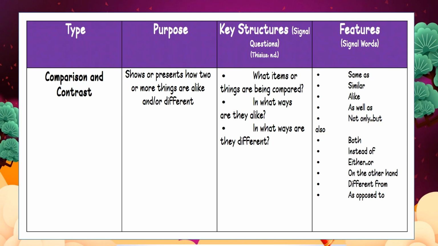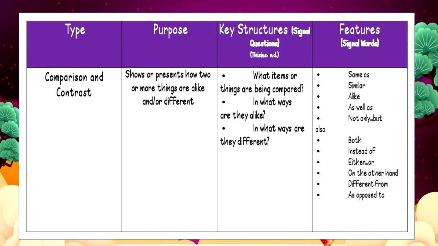The fourth one is the comparison and contrast. Purpose is to show or present how two or more things are alike and or different. So the signal questions are: what items or things are being compared? In what ways are they alike? In what ways are they different?